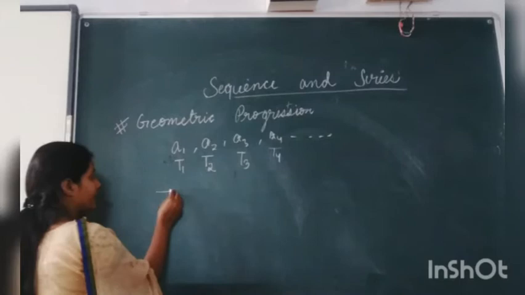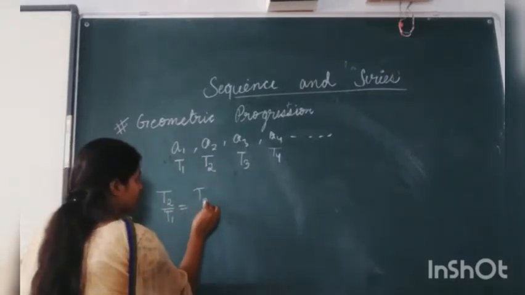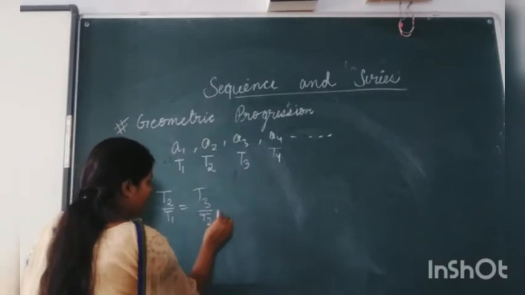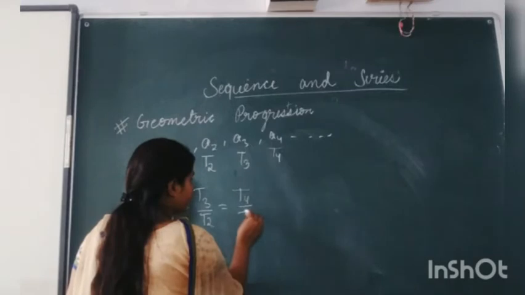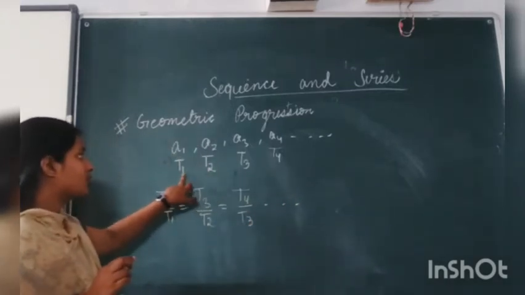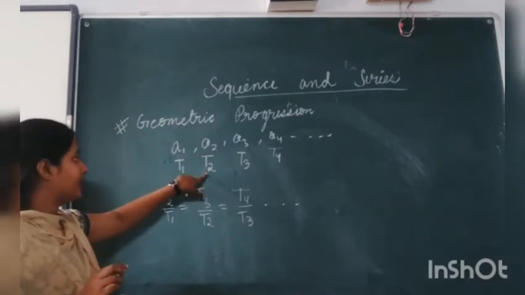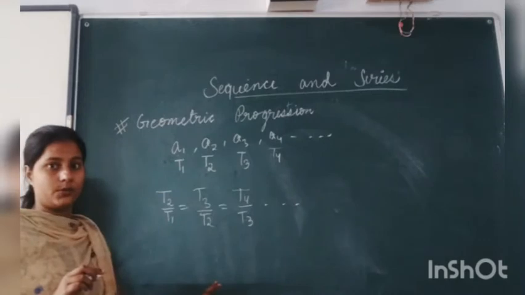That is, we will have T2 upon T1 is equal to T3 upon T2 is equal to T4 upon T3 and so on. That is, if we take the ratio of consecutive terms, the second term with the first term, a constant value will come.